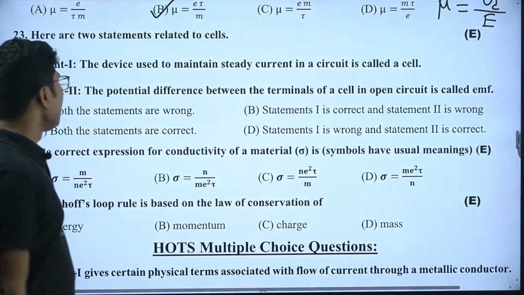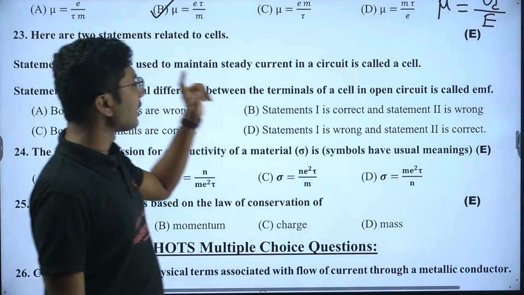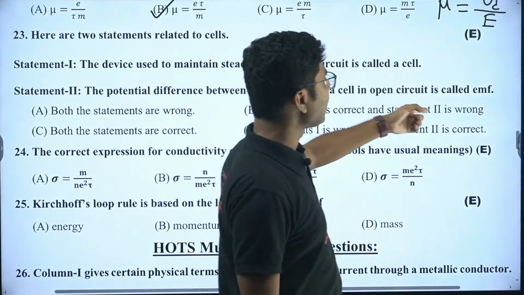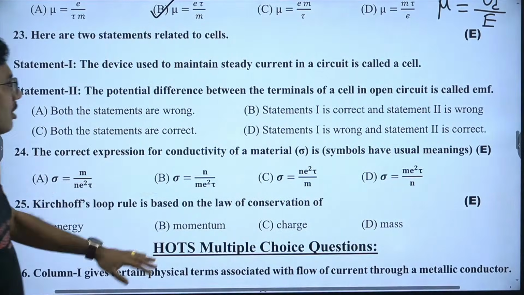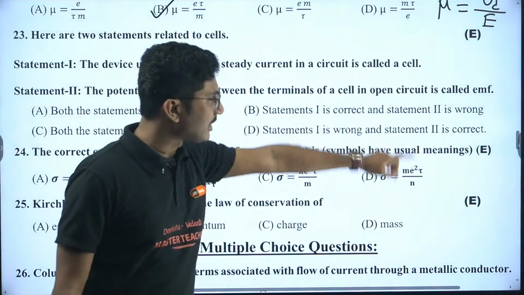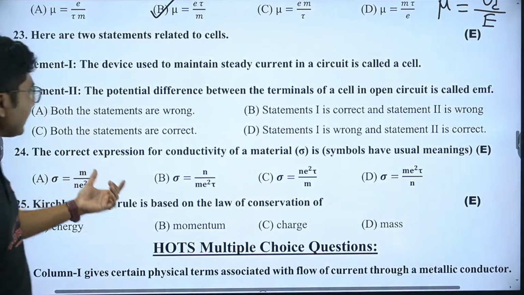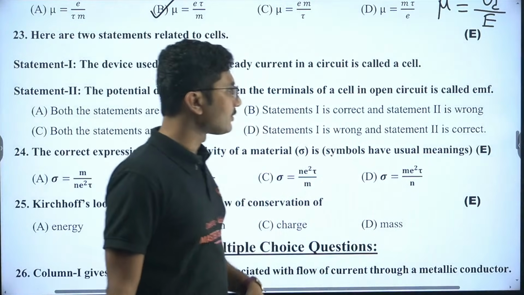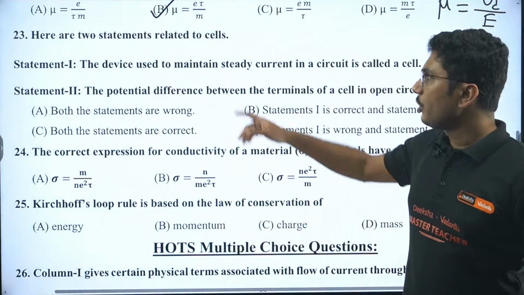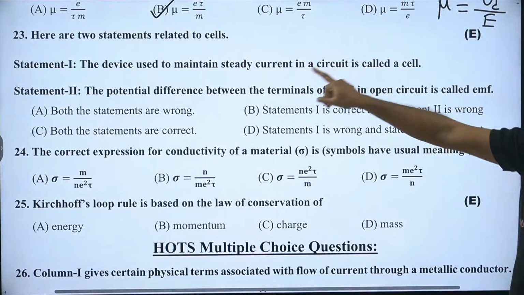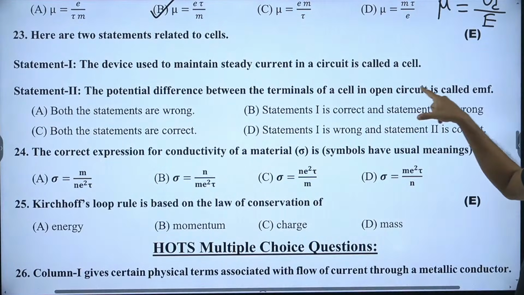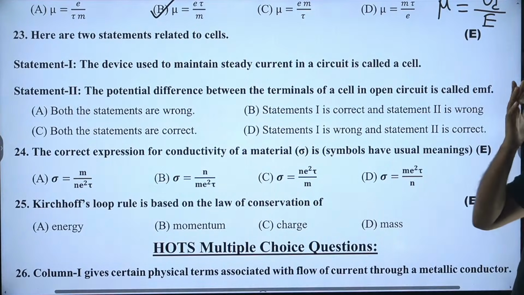Statement 2: the potential difference between the terminals of a cell in an open circuit is called EMF. Options: both statements are wrong; statement 1 is correct and statement 2 is wrong; both statements are correct; statement 1 is wrong and statement 2 is correct.